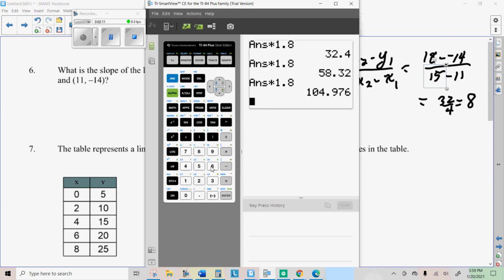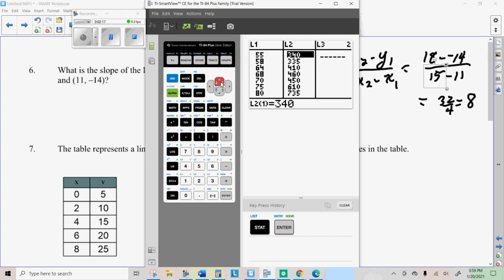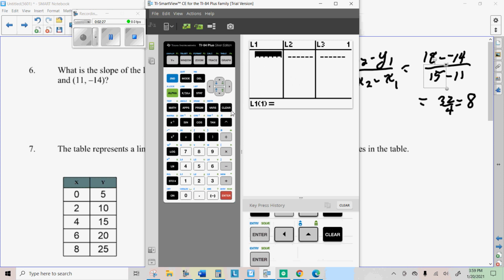You press stat, and then enter, and then you have your lists. You want those to be cleared. What we're going to do is just put the 2 points in there, and then we're going to do the linear regression. We only need the slope from that, and I'll show you that in a second.